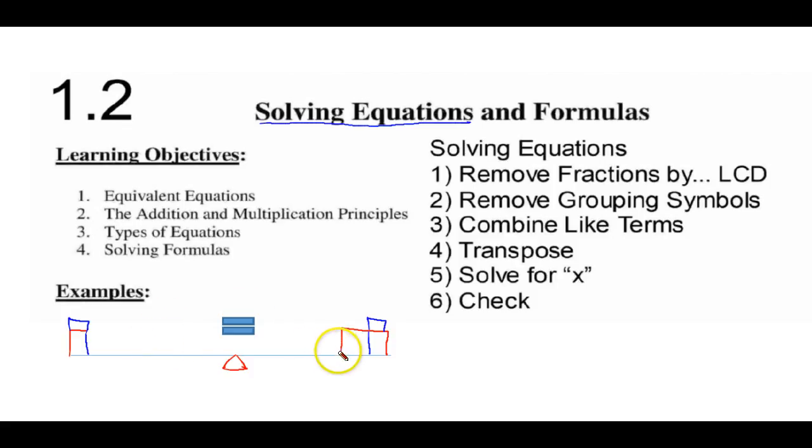But I take away the same amount from the other side, again, it's not the same as what it was, but it still balances. And now finally, if I take away a little bit more, and the same from the other side, again, it's not anywhere near what it was originally, but it still balances. What's on this side equals what's on this side.